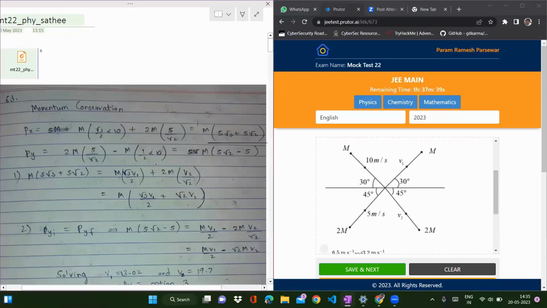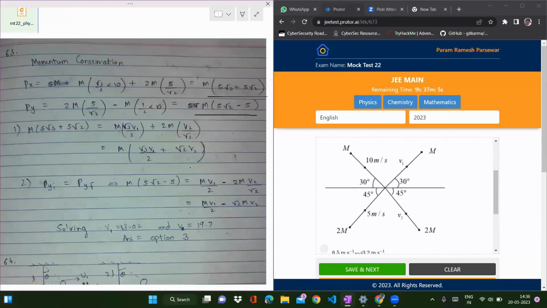And Py is calculated, which comes out to be m into 5 root 2 minus 5. This is 10 into sin 30 degrees and minus 2m into 5 into sin 45 degrees. So the net momentum will be upside as 2m into 5 by root 2 is greater and m into 5 is lesser. So this will be the momentum in x and y direction.